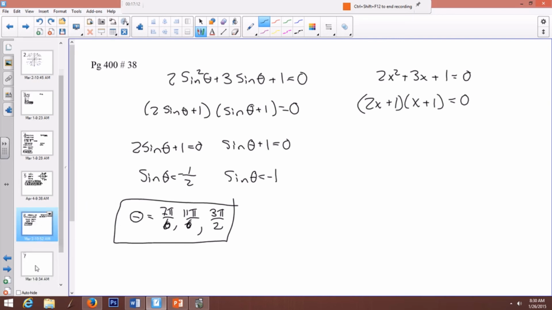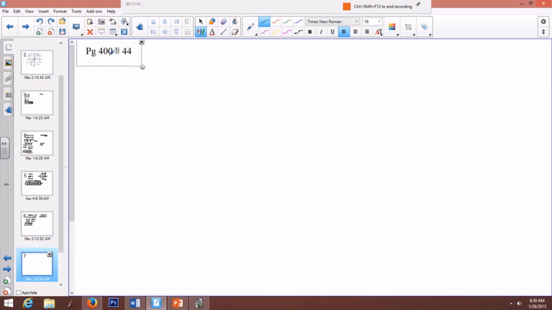All right, last one. When I look at this particular problem, number 44, I check over there in the book, and it asks us to solve for sine of theta equal to the cosine of x minus 2. This problem asks us to approximate the solutions using a graphing utility.